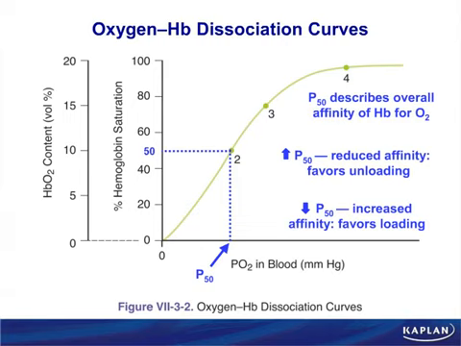If I have a lower P50, that's a left shift in the curve, that means there's a greater affinity. So I'll be 50% saturated at a lower PO2. This, of course, will favor loading because high affinity means my little red truck is going to snatch on to that oxygen.